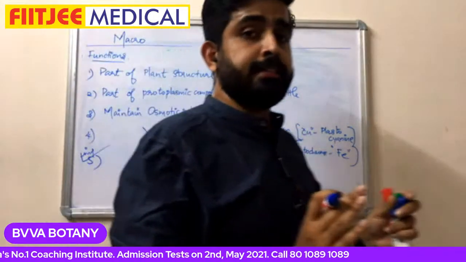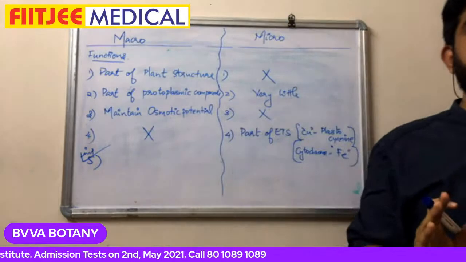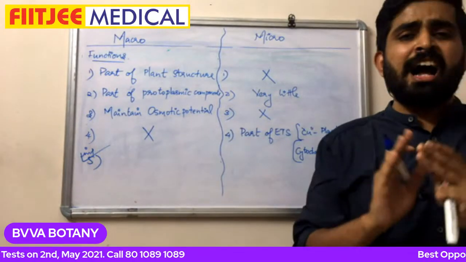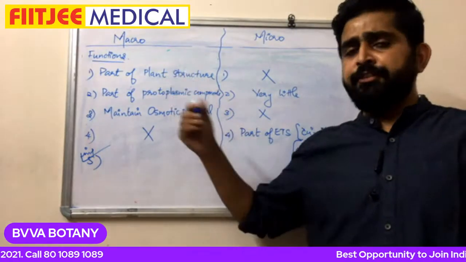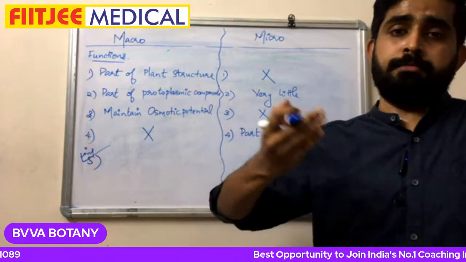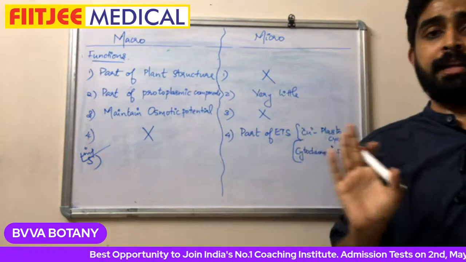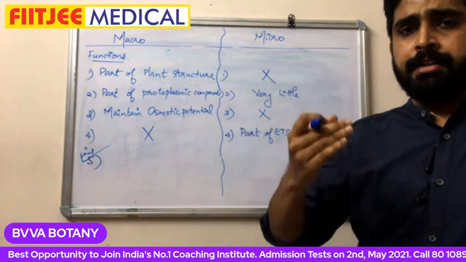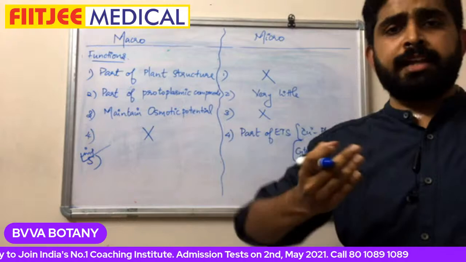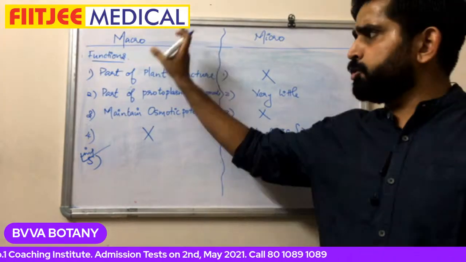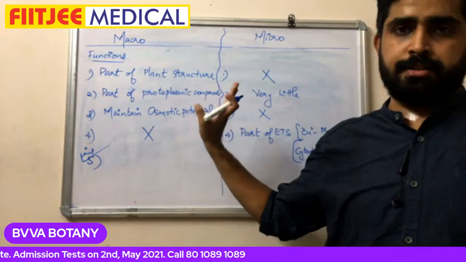Macronutrients, as I already said, are required by the plants in large amounts. But if it is more than the required quantity, for example if it requires 1 mg but goes beyond what is required, it causes no problem to the plants.